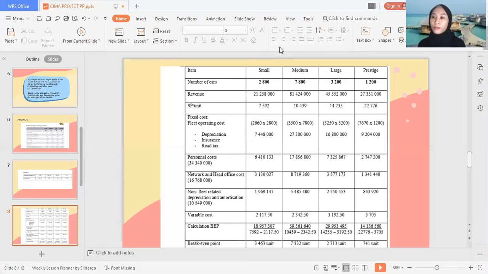The network and head office cost 8,719,360. Non-fleet related depreciation and amortization 5,485,480. The variable cost is 2,342.50 and the BEP is 37,332 units.